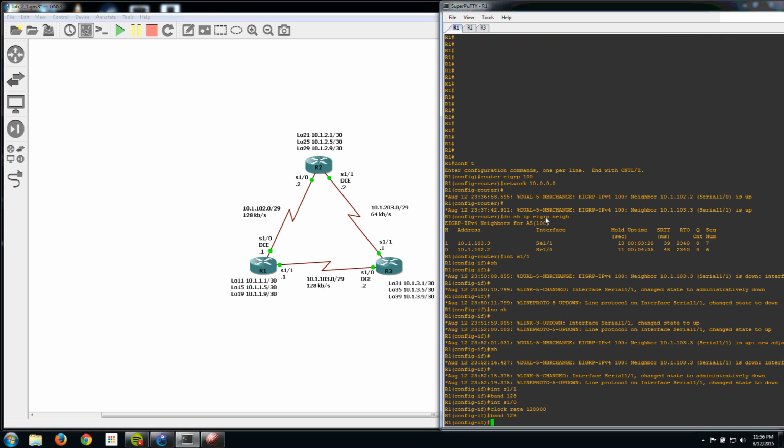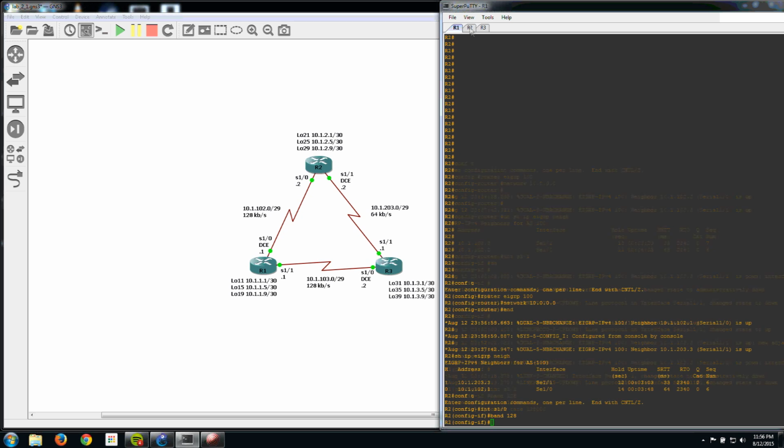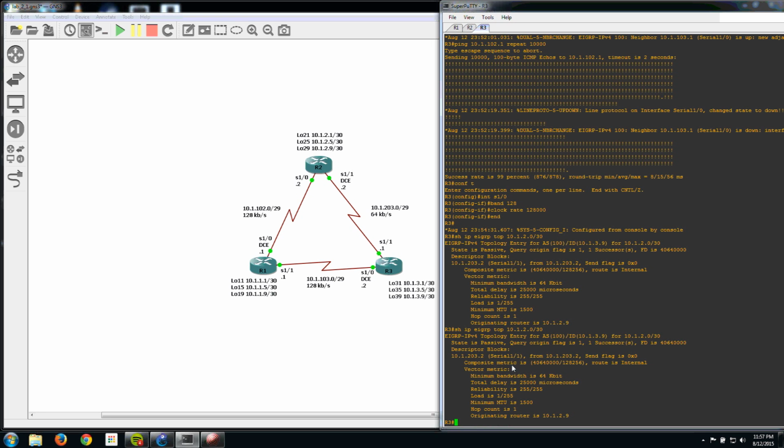I set my links all up. That's 1110. Okay. And clock rates. Good there. And 2 set of bandwidth. And router 3, I did a clock rate and bandwidth.